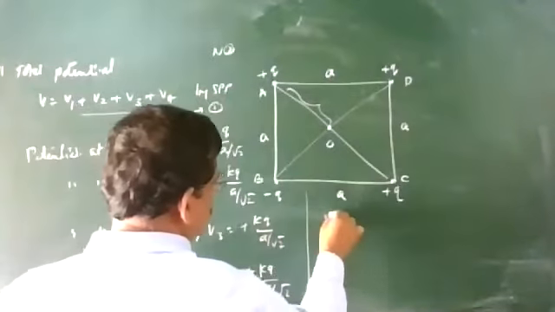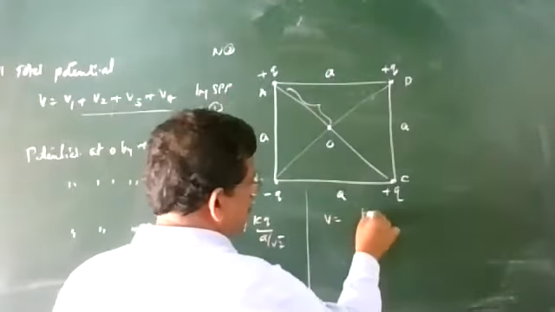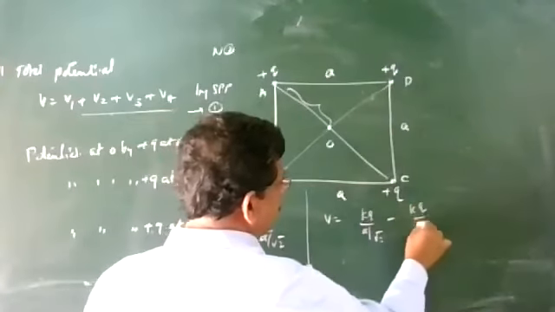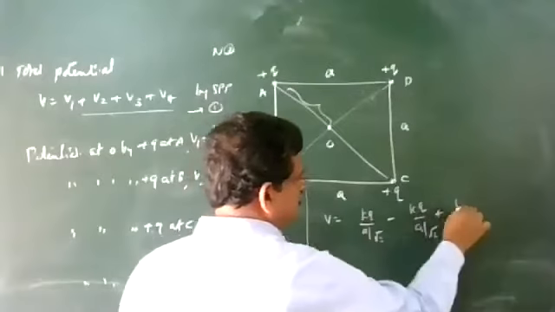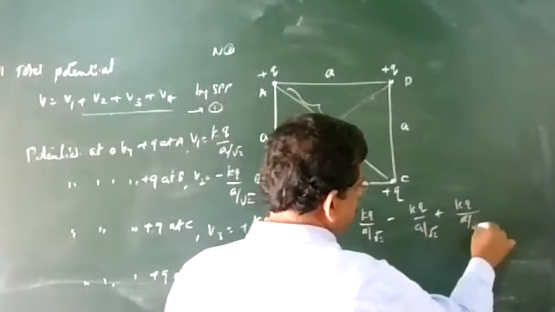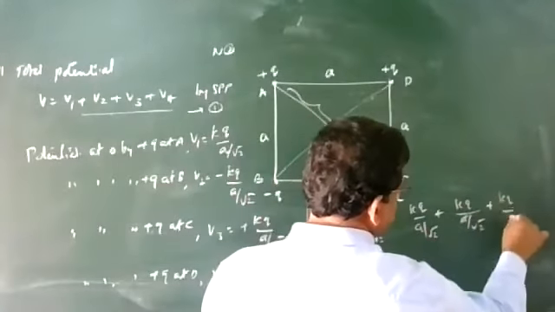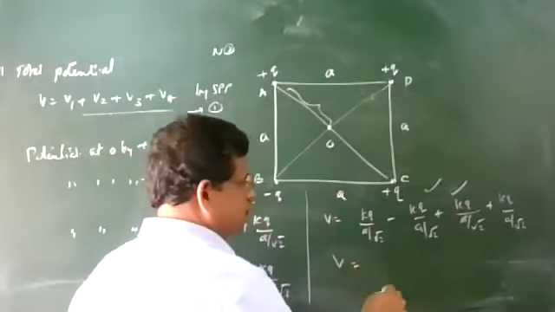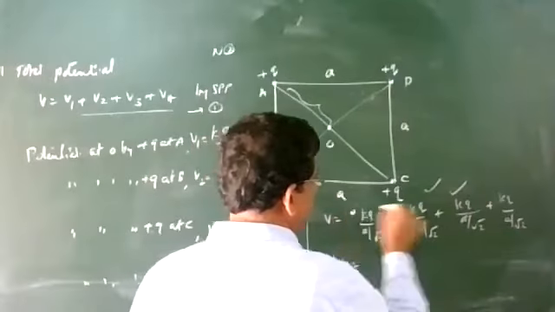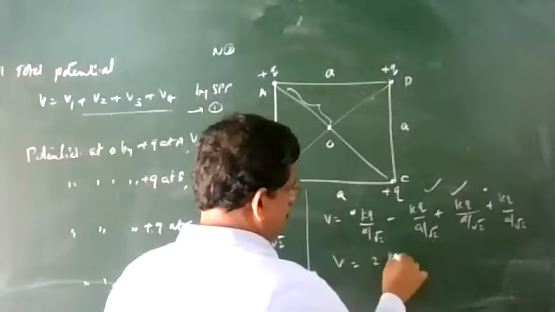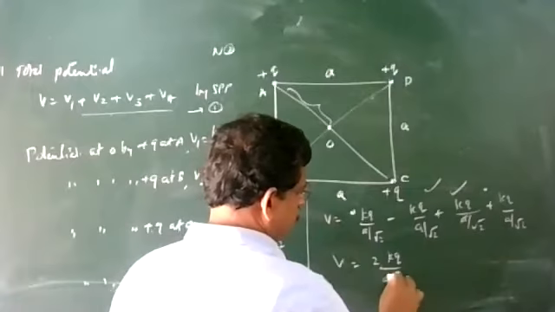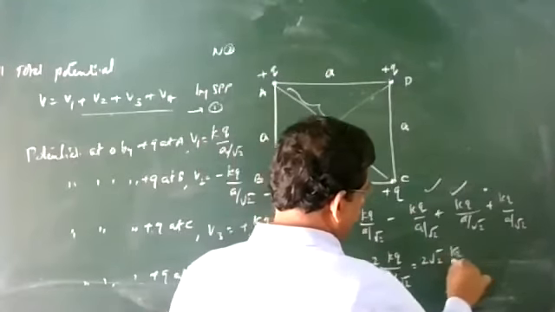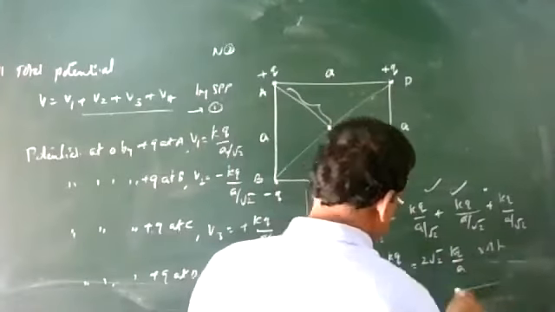Total potential will be equal to KQ divided by A by root 2, next one is minus KQ divided by A by root 2, next one is plus KQ divided by A by root 2 plus KQ divided by A by root 2. One value will be cancelled. Equal to 2 KQ divided by A by root 2, that is 2 root 2 KQ by A from the whole. You can write the unit.